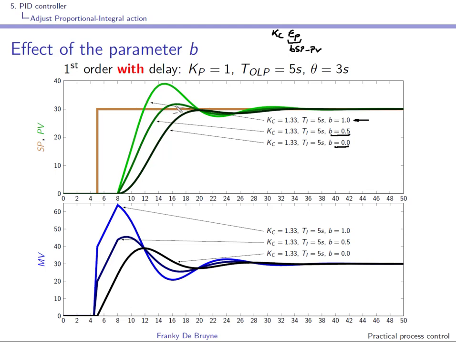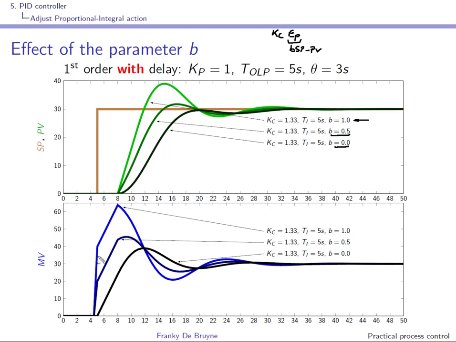But this controller with B equal to 0 or 0.5 would be a very good disturbance rejection controller and would act in an acceptable way when there is a set point change. So this B can be used, as you can see, as a trade-off parameter to make sure that a controller that has been tuned for disturbance rejection has an acceptable step response.